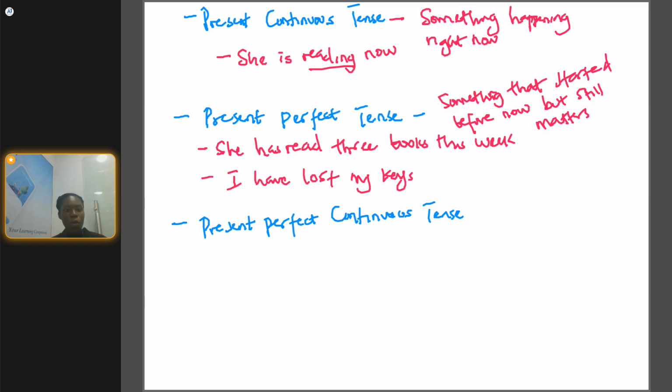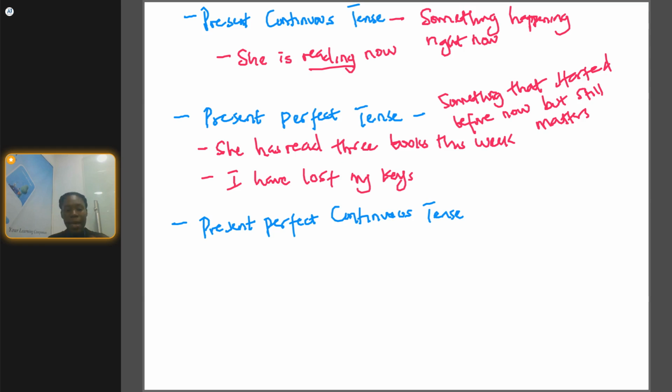All right, so when you talk about present perfect continuous, you're talking about something that started in the past but is still happening presently. Okay, it started happening in the past but it's still happening presently.